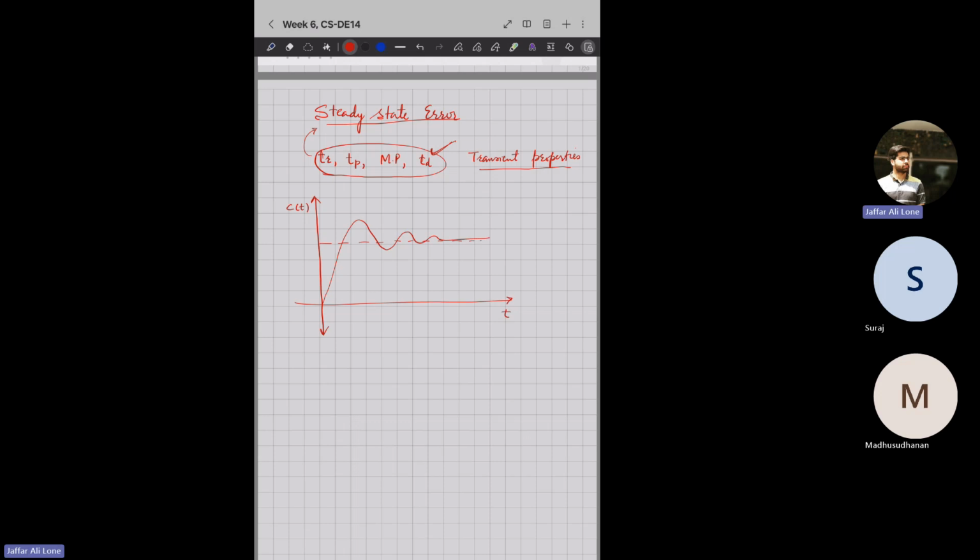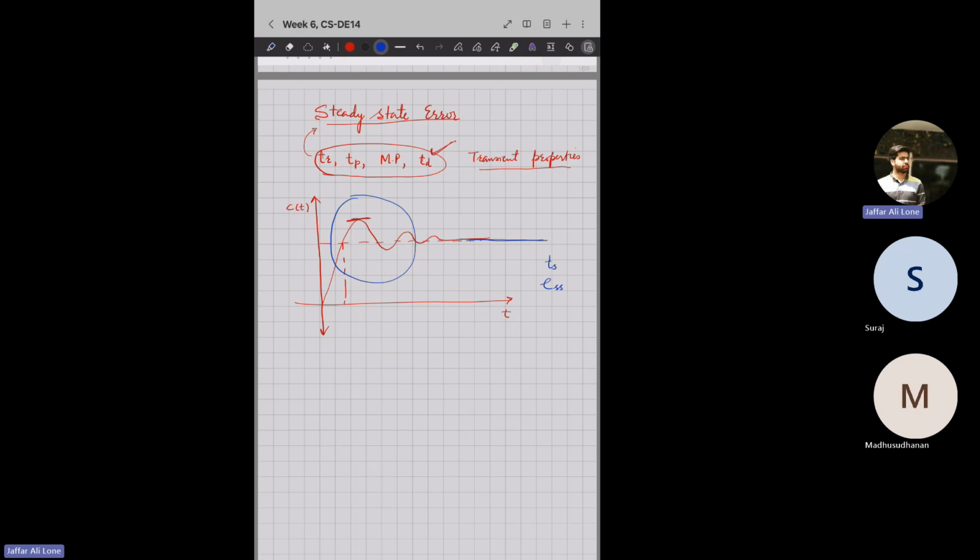Then we have rise time, peak time, overshoot, etc. They were all transient properties, what happens just in the beginning. After the response has settled, we can see settling time, Ts, and we can see steady state error, which is denoted by ESS.